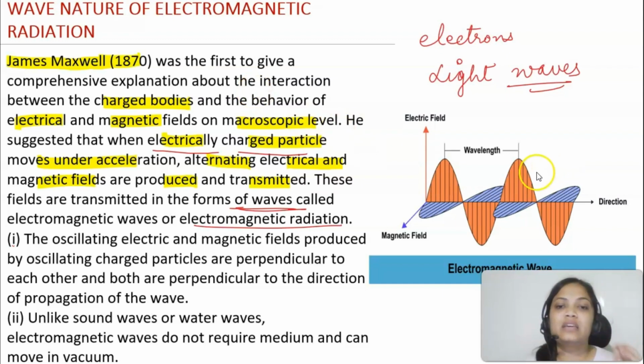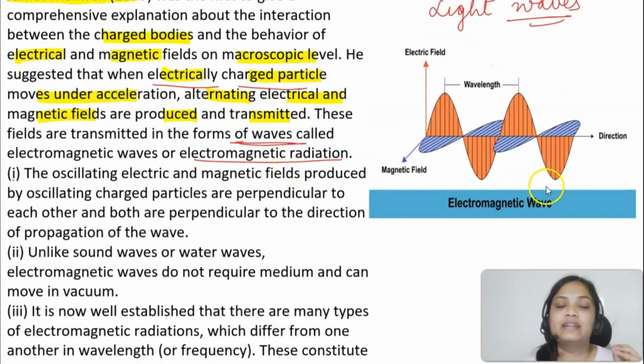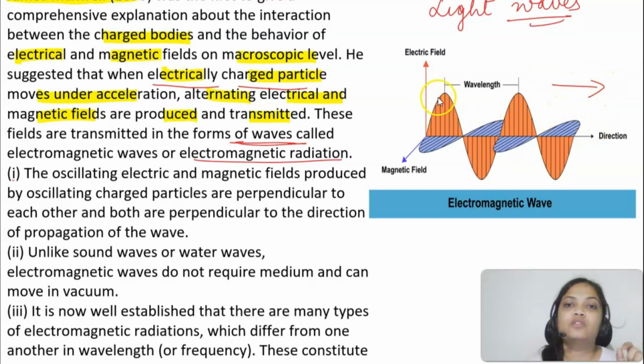Now you can see in an electromagnetic wave, this is the direction of propagation of the wave. This is the electric field, the orange one, and the blue one is the magnetic field. The oscillating electric and magnetic fields produced here are perpendicular to each other, at 90 degrees, as well as perpendicular to the direction of propagation of the wave.